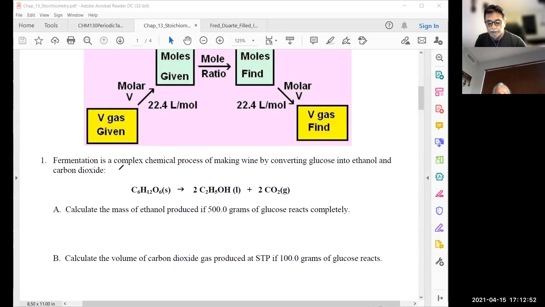So molar masses: 180.18 grams per mole for the glucose. For the ethanol, I get 46.08 grams per mole. And if I need carbon dioxide, that would be carbon 12 and oxygen 32, about 44 grams per mole. I'm putting down the atomic weights of all these because I may need them.